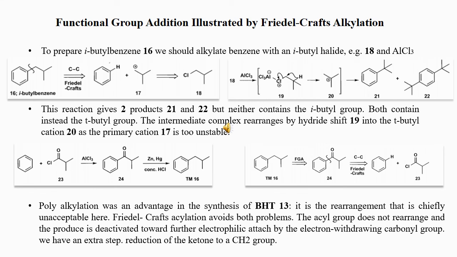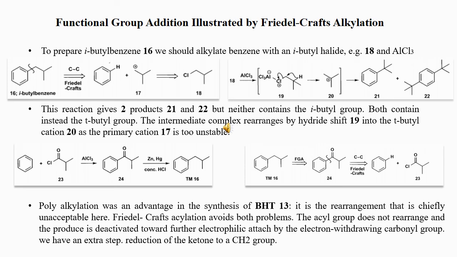It is the rearrangement that is chiefly unacceptable here. Polyalkylation is a disadvantage of this reaction basically. So Friedel-Crafts acylation avoids this problem. I used the word advantage, but it should actually be disadvantage.